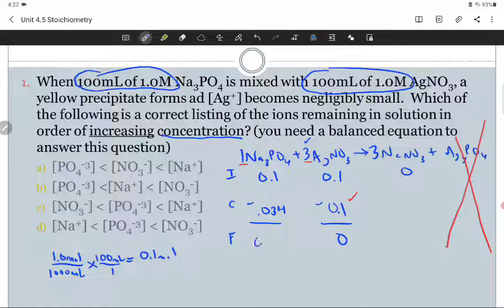So it's going to give us 0.66 repeating. I'll just round that there. And then over here, it's a 3 to 3 ratio. So whatever change occurs there, better be the same change here.